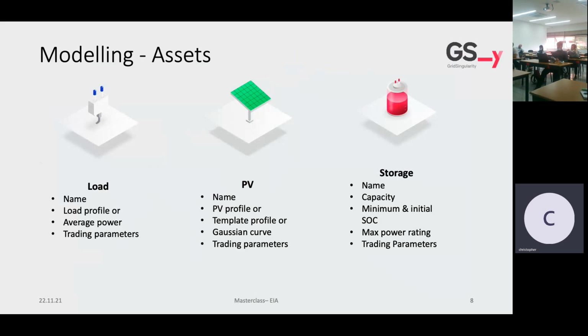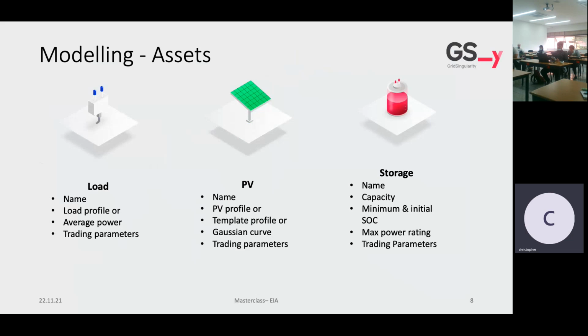You can either upload your own data, so if you have historical data of your own building or apartment, you can upload it to this digital asset. If you don't have such data, you can also use our so-called average power tool, which allows you to create your own profile. You can stack up multiple devices depending on the consumption and the time of day that they are active to build your own consumption pattern.